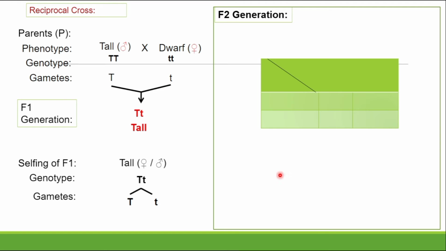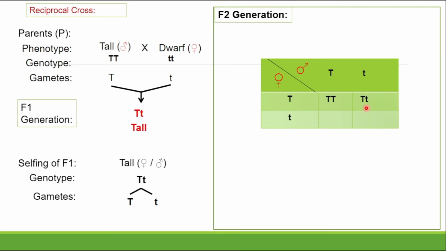What's the F2 generation? All of you remember? I think so. So here we put capital T and small t, and it is crossed with capital T and small t. So what's the cross? A capital T is here, the capital T is here, that is a pure tall. When the second time this capital T is crossed with the small t, then what happened?